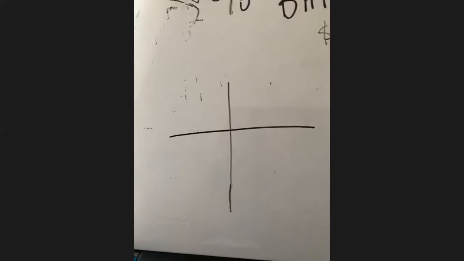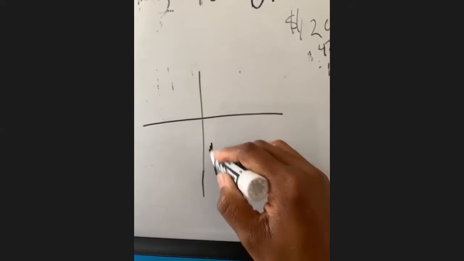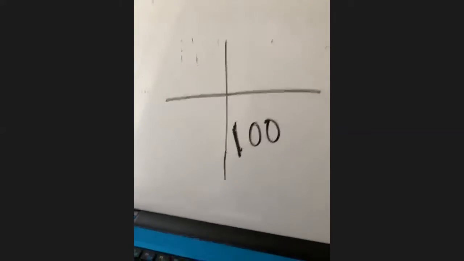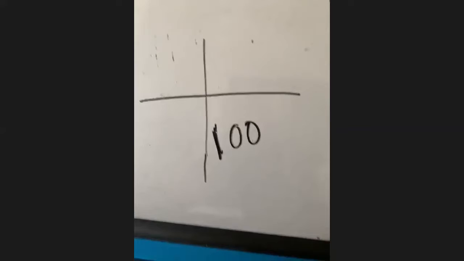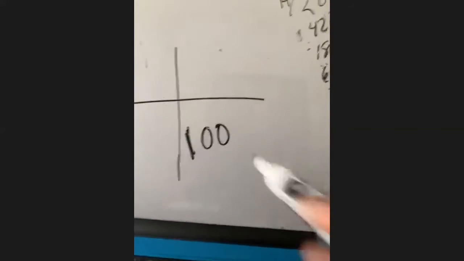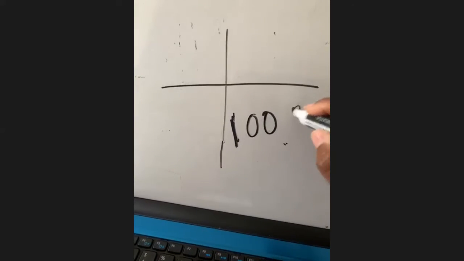Again, we could use the bar. We know that down here on the bottom is our whole of 100, because remember, with a percentage, 100 is always the denominator, the bottom number, the whole. So 100% always goes here.